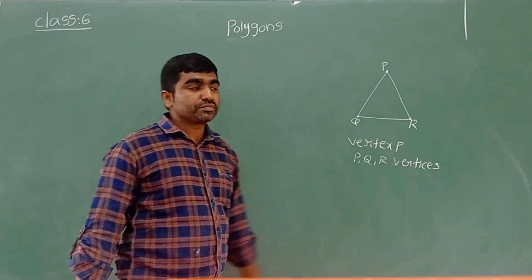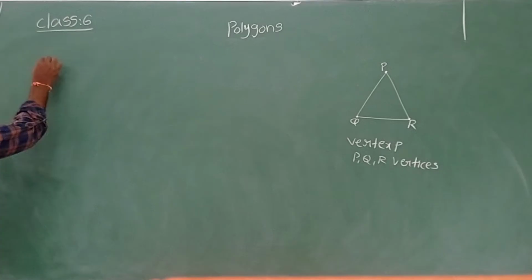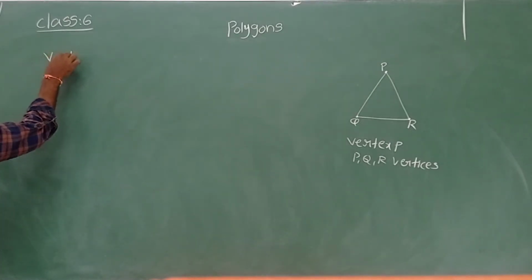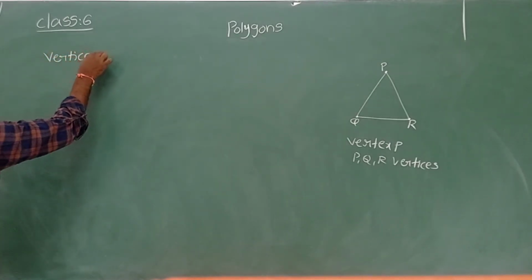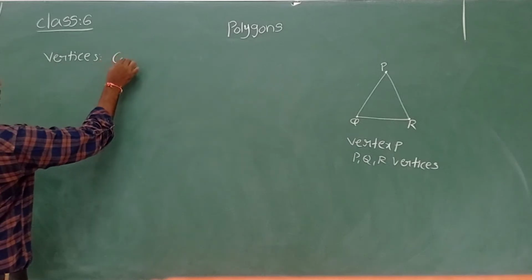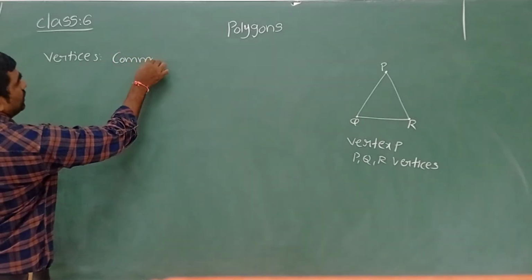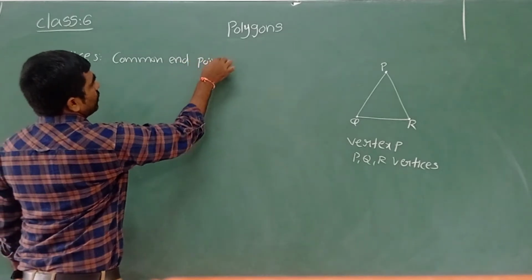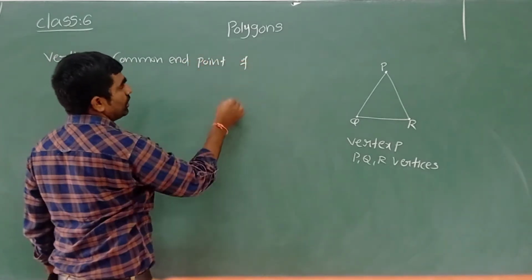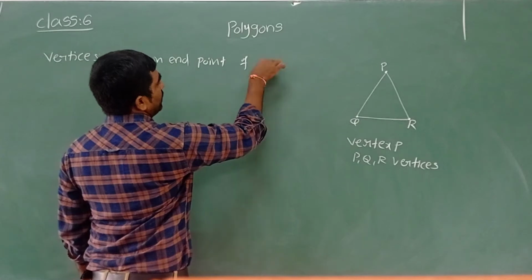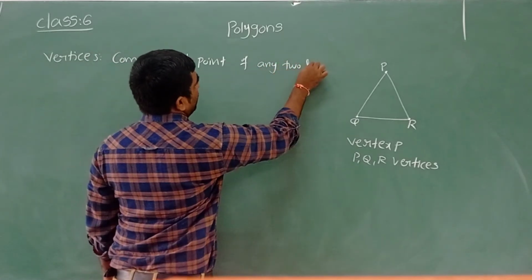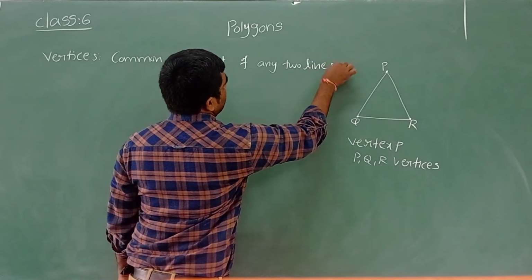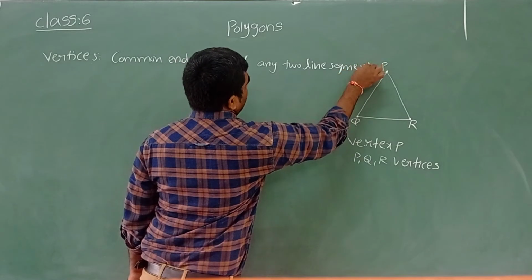These common endpoints are called vertices. So what can we say about vertices here? Vertices are nothing but the common endpoints of any two line segments.